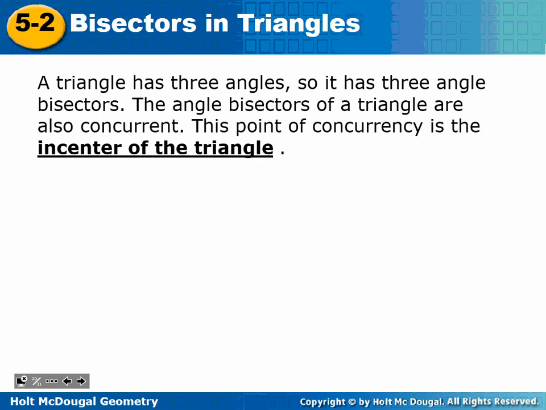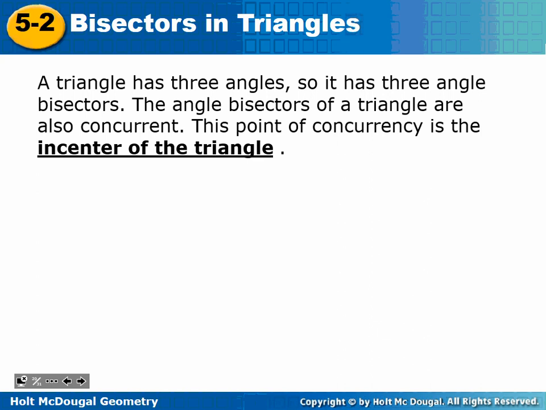So now we're going to look at the same idea in our triangle, but we're going to draw in the angle bisectors. That means through every vertex, I'm going to draw in a line that's going to split every angle into two congruent parts. And again, I'm just going to sketch these. I could use a protractor and be more precise, but for time purposes, I'm just going to sketch it.